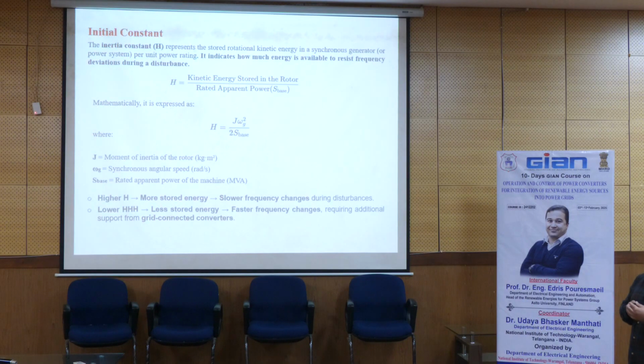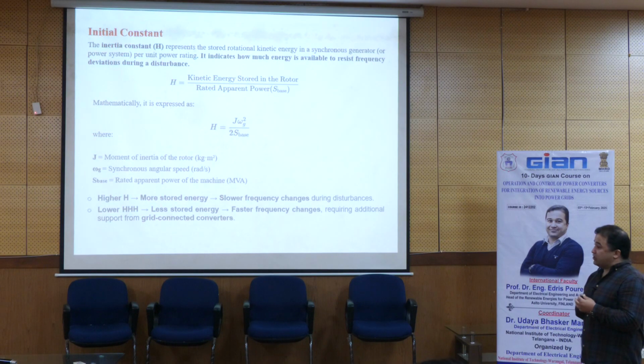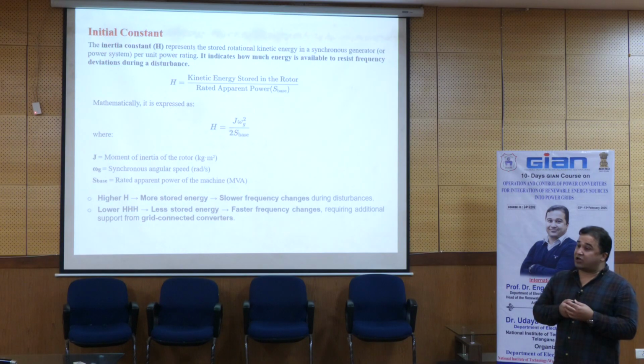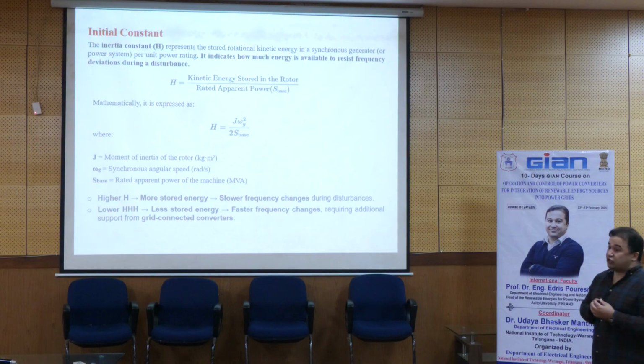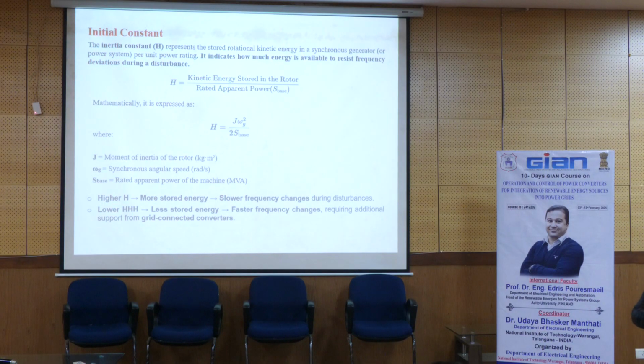So now we have the inertia constant, which we show by H. It represents the stored rotational kinetic energy in a synchronous generator or power system per unit power rating.